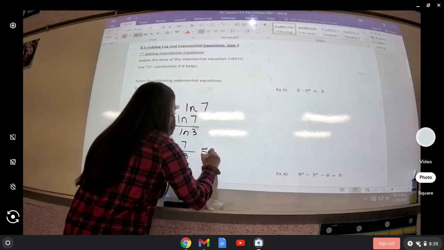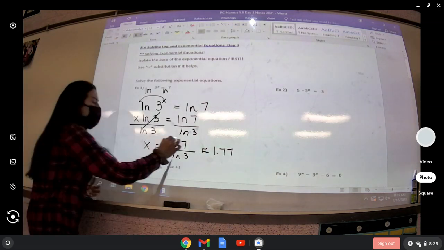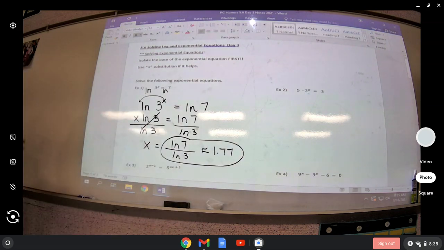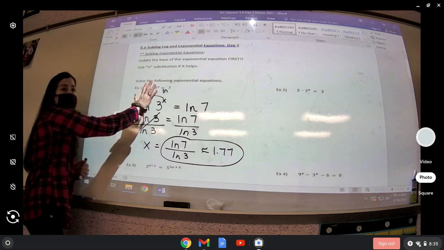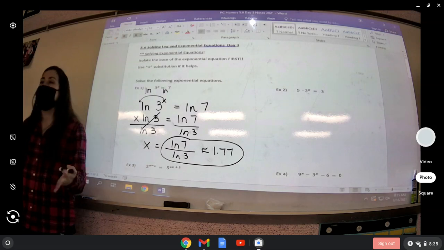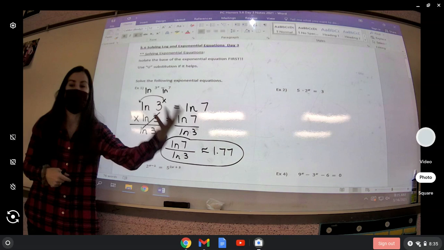So it's approximately 1.77. But I'm pretty sure they're going to ask for the exact and then the rounded. Okay? Easy enough. So again, I wish we could just take the log base 3 of both sides, and then the answer would be log base 3 of 7. But they don't let you leave it in a base 3 log. They make you then use the change of base to change it to base E or base 10.